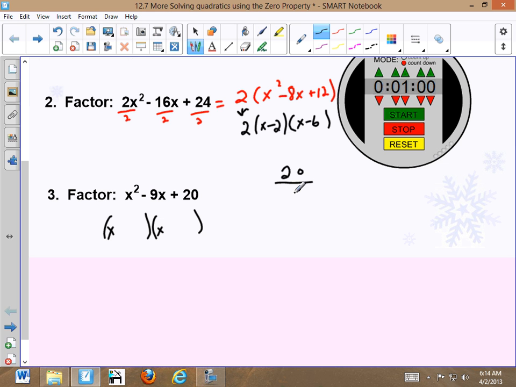Now, I can go 1 and 20, 2 and 10, 3 doesn't go, but honestly, they've got to add up to -9. So right away, I should know it's -4 times -5. Multiply to positive 20, add up to -9.